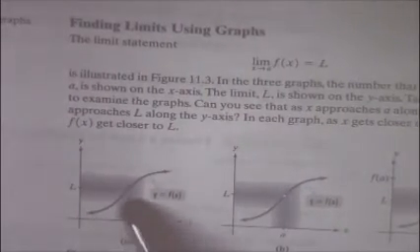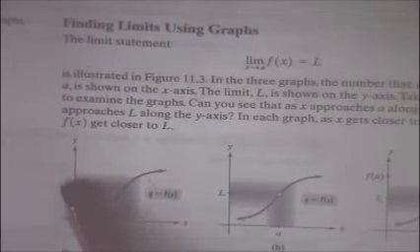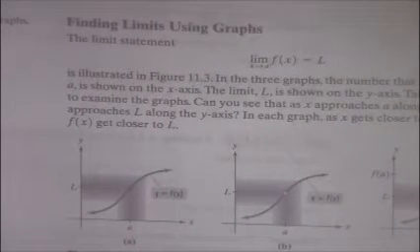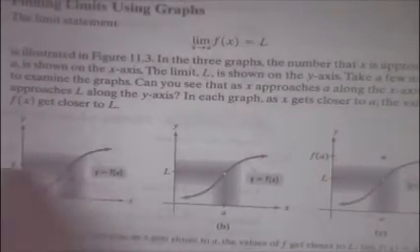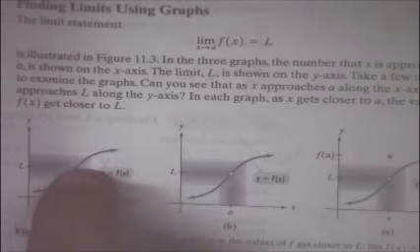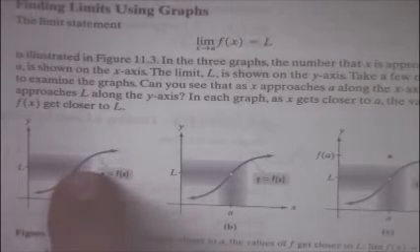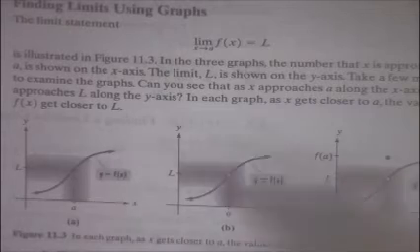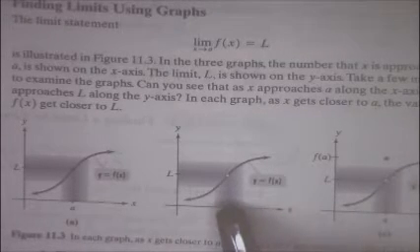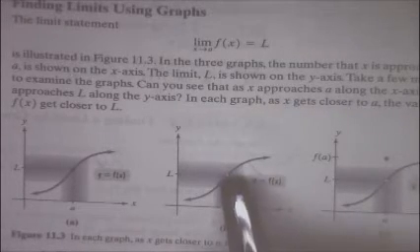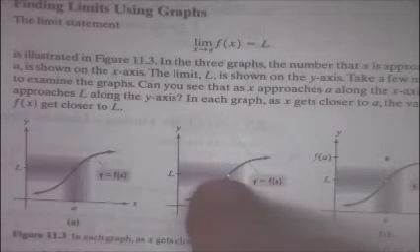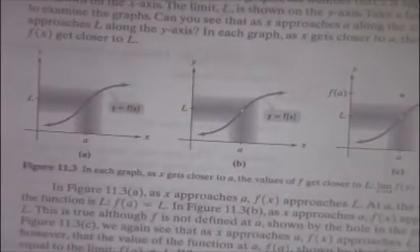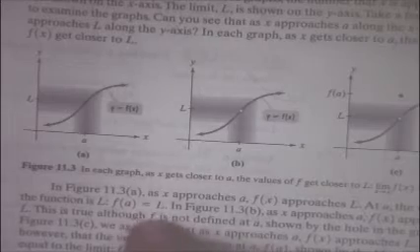On A, up to here, that point, go over to the y value, there's L. And this one is showing that as you get closer to it, you can actually be at it because it's a filled-in circle. It's a legal part of it. Whatever A is will not be dividing by 0. In this case, whatever A is will make you divide by 0 or something like that, so you can't even include that. It's still the same thing. You say the limit is L. F of A is L.